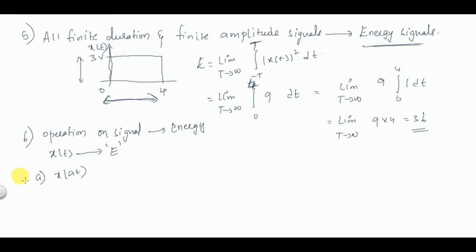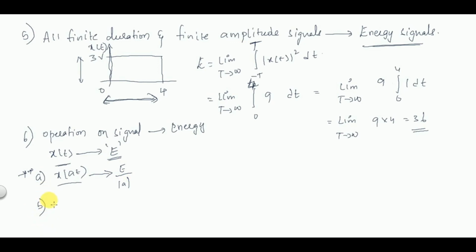This is a very important question. In that case, the energy is given by E by mod A. So this is what you have to remember: if x of t is a signal whose energy is E, then the signal x of at contains the energy E by mod A.